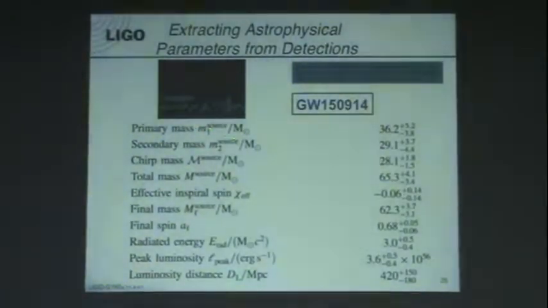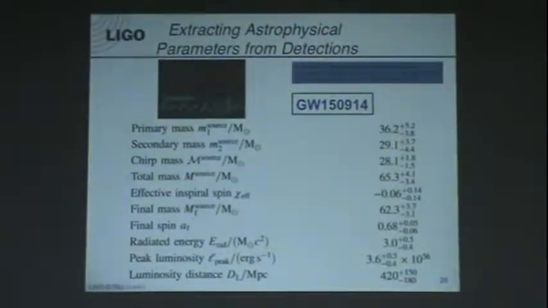The primary mass in units of solar mass was 36. Secondary mass, that's the second component, 29. Total mass, or in other words, just the sum of those two, 65. The effective spin, this is basically the way that we measure the spins of the black holes. It looks like there's an effective spin, but the error bars are such that we can't really say that.